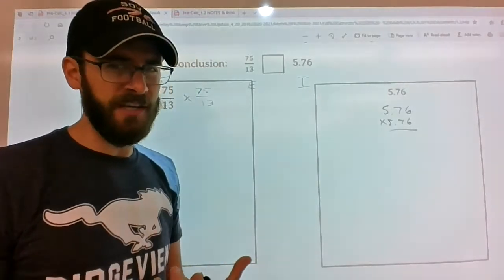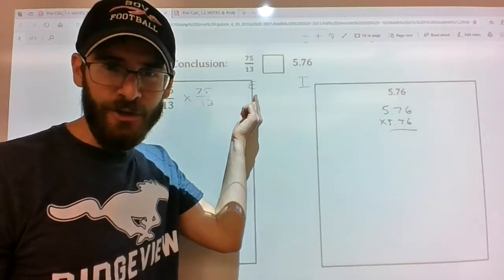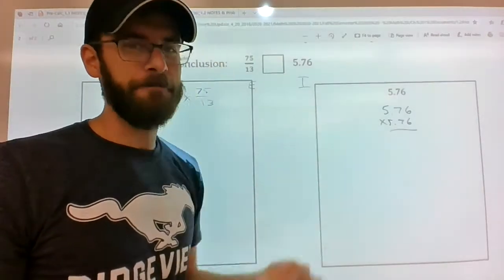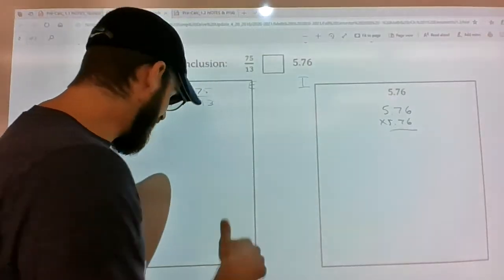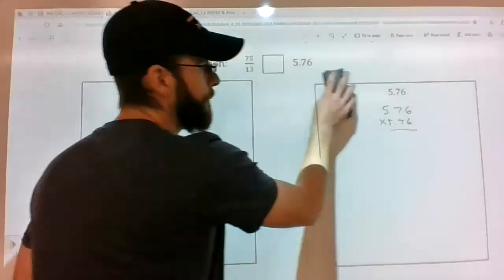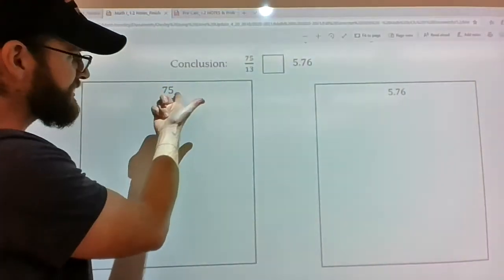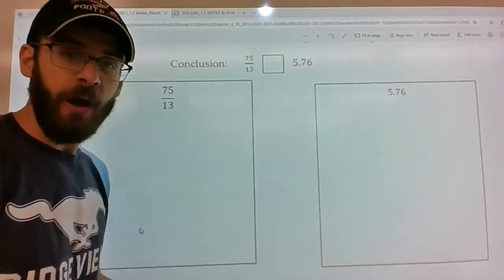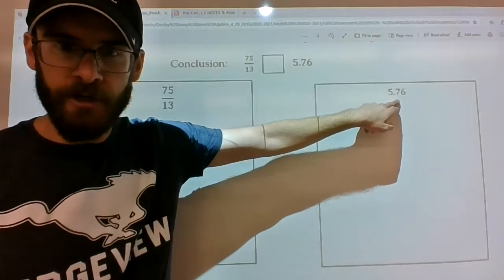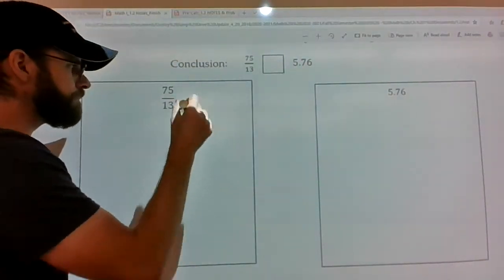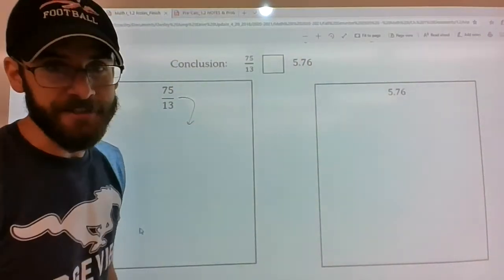Wouldn't it make more sense if the Italian person learned English or the English person learned Italian? Anyway, maybe that metaphor was a stretch, but the idea is, let's just take 75 over 13 and figure out what it is as a decimal. If we do that, then we can compare it to this decimal over here. I think it's a good idea.